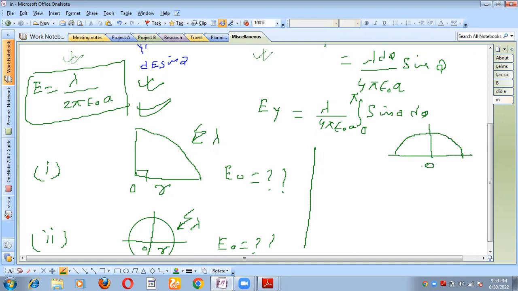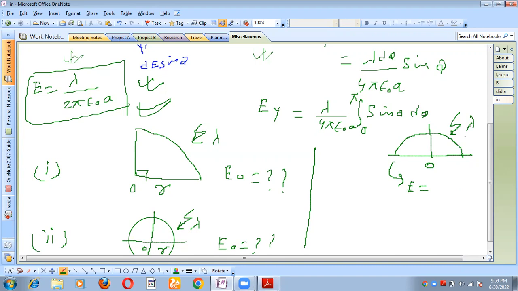At this point O. What was the value of electric field at the center which we have calculated just now?